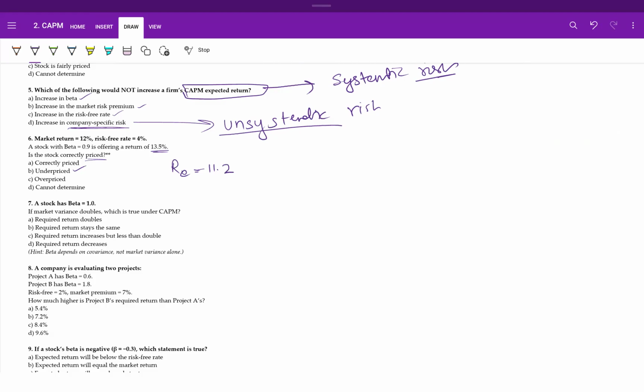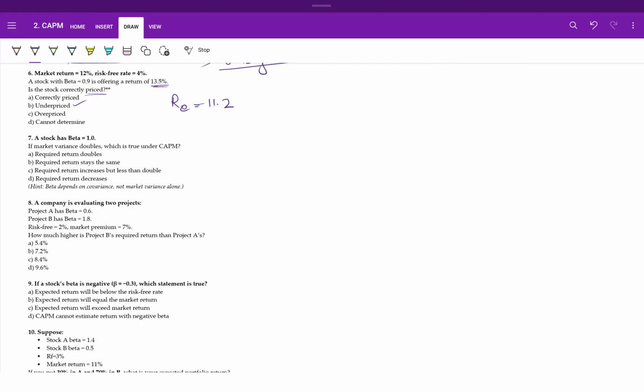Question number 7 is about a stock that has a beta of 1. If the market variance doubles, what is true under the capital asset pricing model? The required return stays the same. The capital asset pricing model actually uses beta, and if the market variance changes, beta would change only if the covariance does not change proportionally.